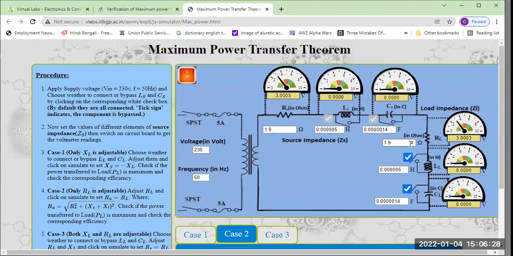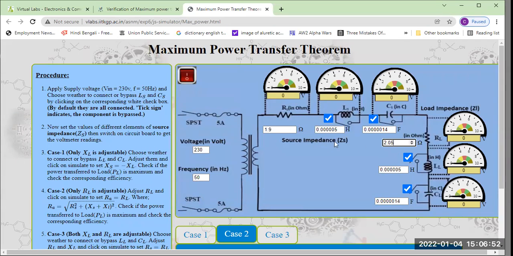If I mismatch this portion, say the source resistance and the load resistance are varying. Look, here it is 1.9 and 1.9, but if I change this, our source resistance is 1.9, but the load resistance is 2.05.